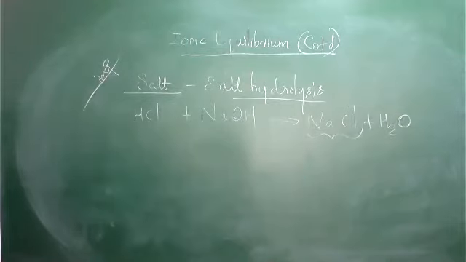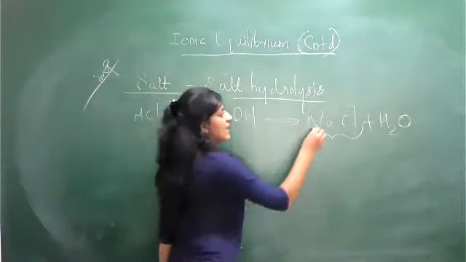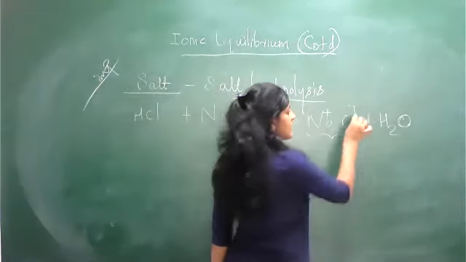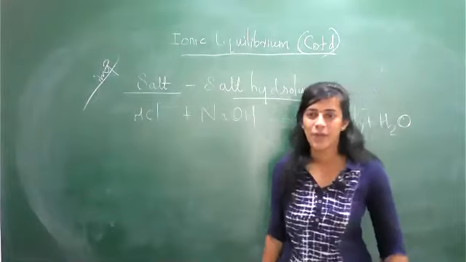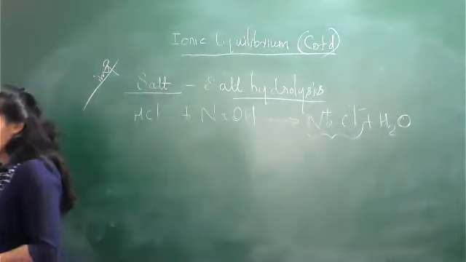Some common criteria for salt. A salt has a positive part and a negative part. Suppose in NaCl, Na plus is the positive part and Cl minus is the negative part, the cation and anion formation.